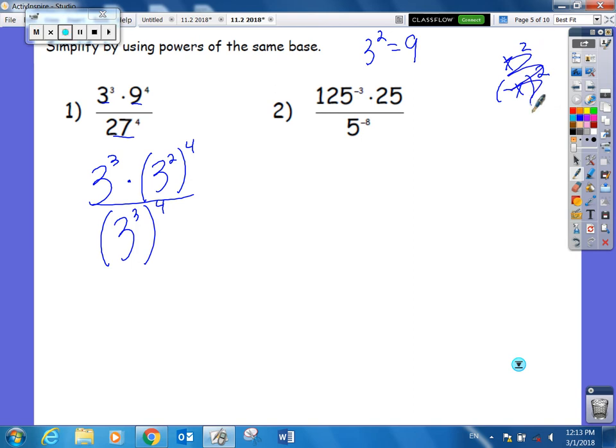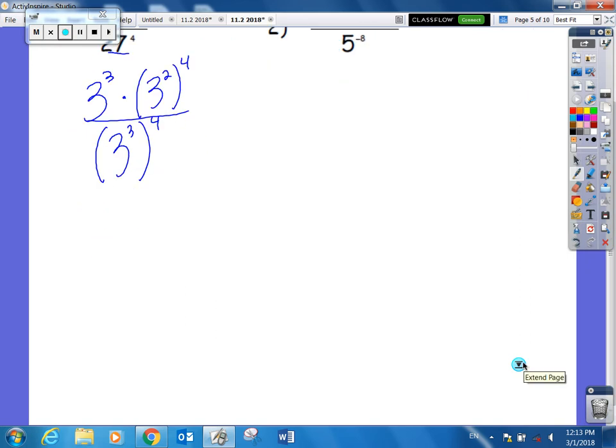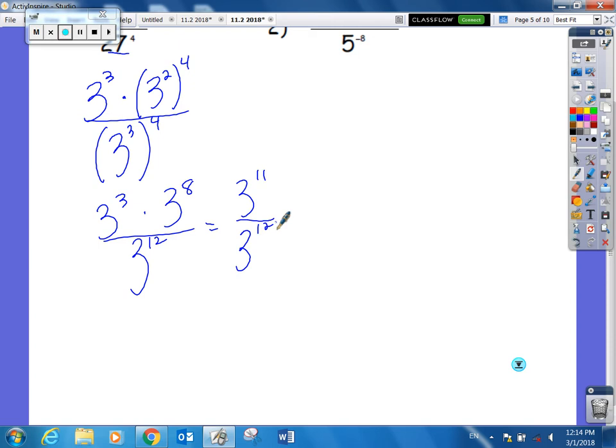Anything else so far? All right, so now I just use my laws. 3 cubed stays 3 cubed. Power to a power we multiply. Now we can add, because we're multiplying like bases, so 3 to the 11th over 3 to the 12th. Remember, that 3 is just the base.